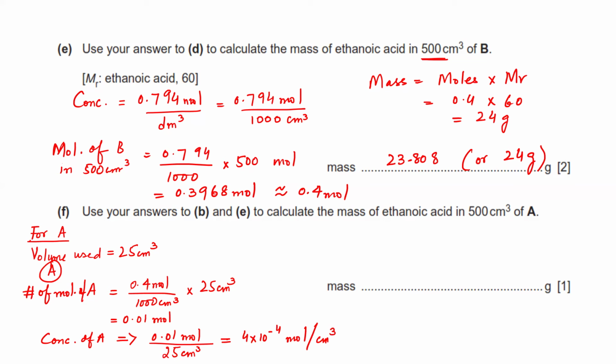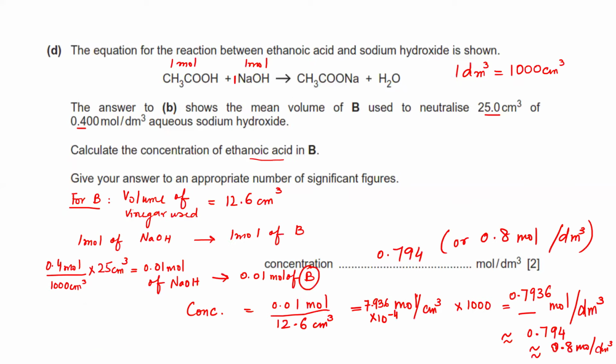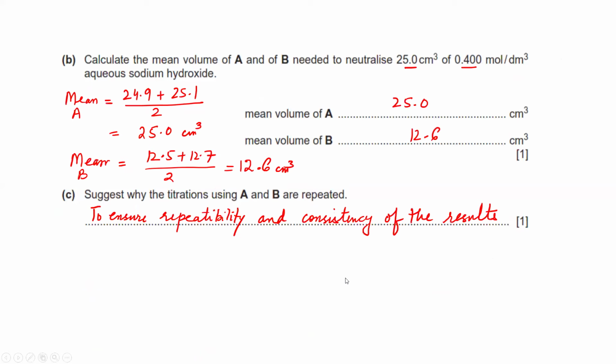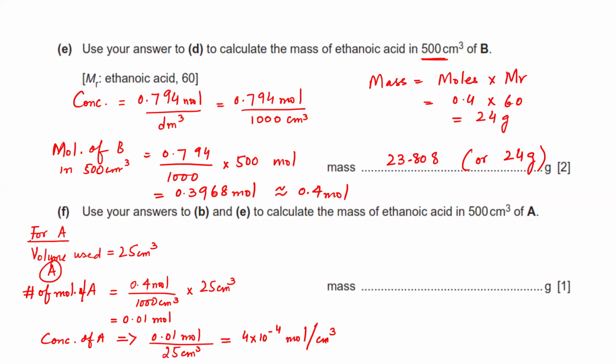And now the question is, what is the number of moles of ethanoic acid that are used? Just like what we have done, 1 mole of sodium hydroxide will require 1 mole of this. So this is the number of moles of NaOH.